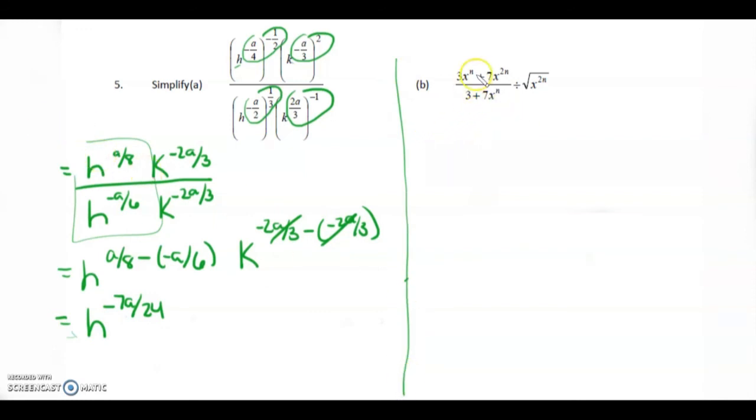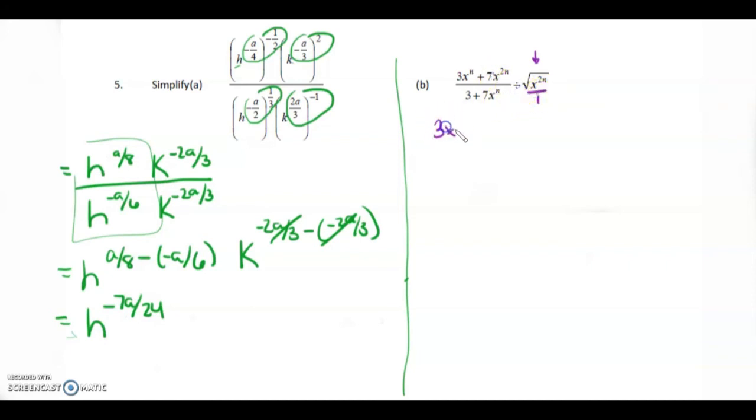Okay, last one, B. Again, we have the coefficients. These are added though, and then it's divided. Okay, so I can see how this is divided. Well, let's multiply by the reciprocal.